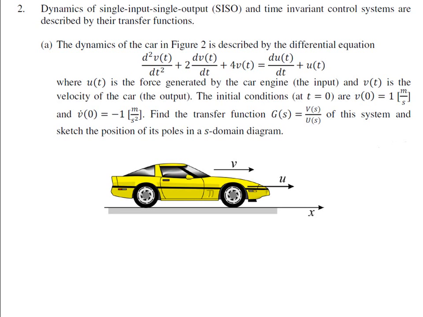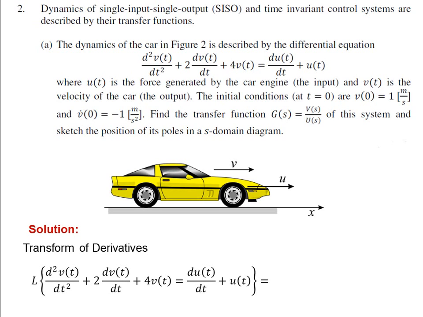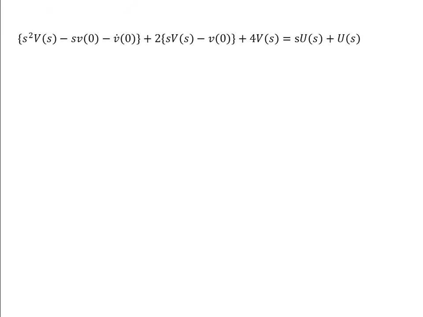We need to use the transformation of derivatives theorem. After applying it, I have the Laplace of the differential equation as s squared V(s) minus s v(0) minus v dot(0) plus 2s V(s) minus 2 v(0) plus 4 V(s) equal to s U(s) plus U(s).